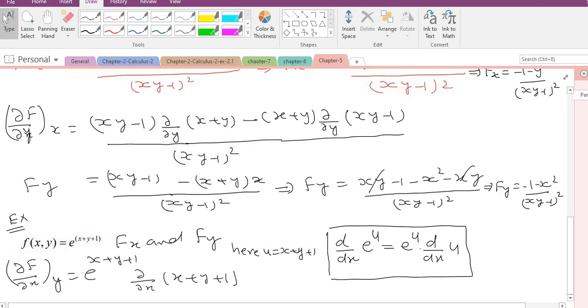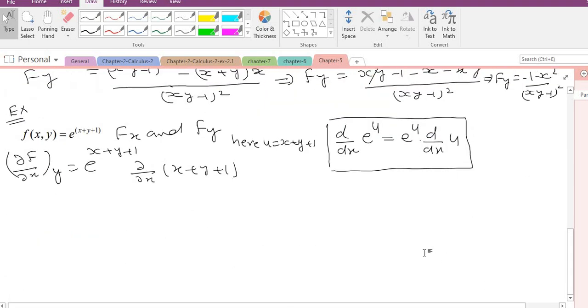When you try to simplify, what is coming? f of x is equal to e^(x + y + 1), and then del x of x is 1, this is 0, this is 0. So simply 1. Similarly, we can write f of y, same value, e^(x + y + 1). This is the answer of that question.